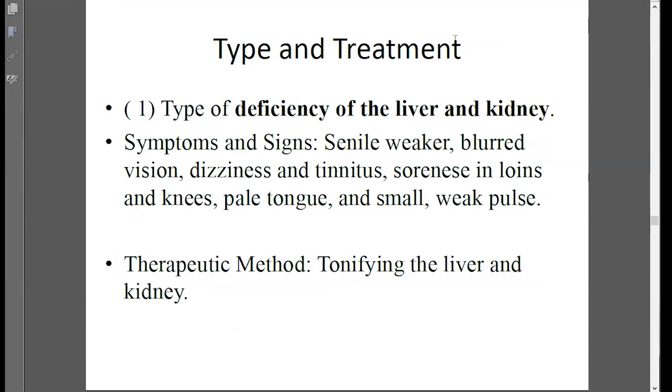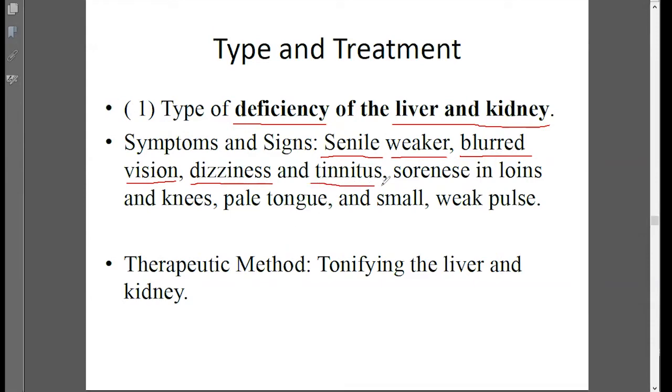Then we talk about the different patterns. The first pattern is liver kidney deficiency. People are aging, with general weakness and generally blurry vision, which happens for a lot of aging people. They get dizzy easily, like going from sitting to standing, or from lying down to sitting up.